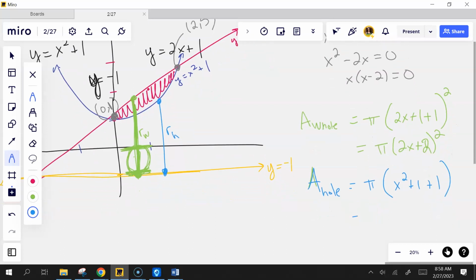Which would be, now the volume is just from 0 to 2. Again, I like to put my pi outside.